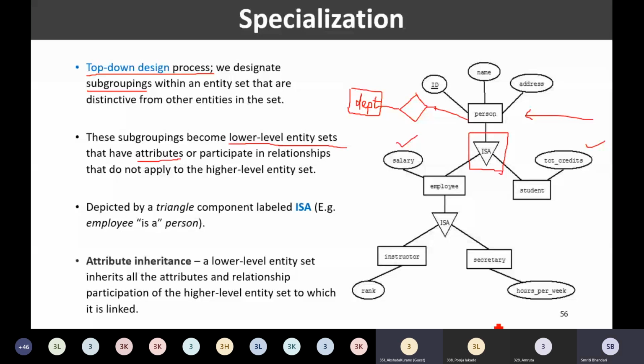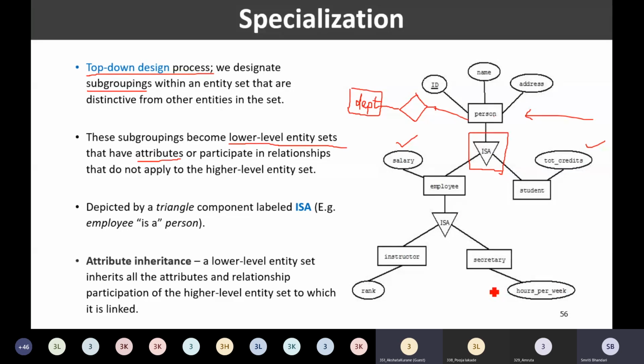Specialization is a top-down design in which we make subgroups, and the properties of the higher level entities are inherited by the lower level subgrouping entities.